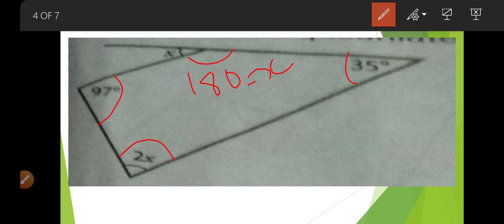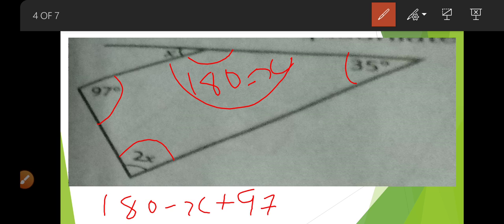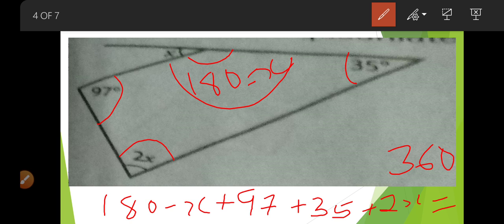So if we want to solve this now, it's going to be 180 minus x, which is this angle, plus 97 plus 35 plus 2x, and everything is equal to 360 degrees, which is the sum of the angles in a quadrilateral.